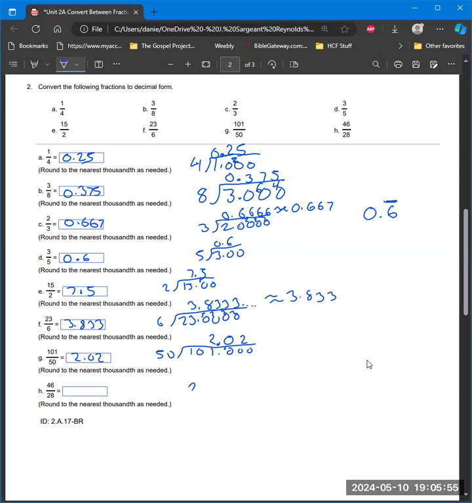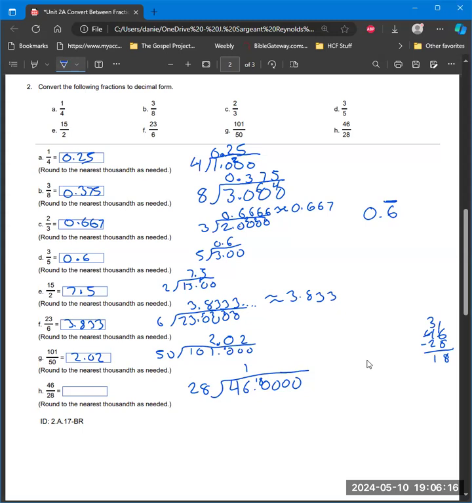Then 28 into 46.0000. 46 minus 28 is 18.